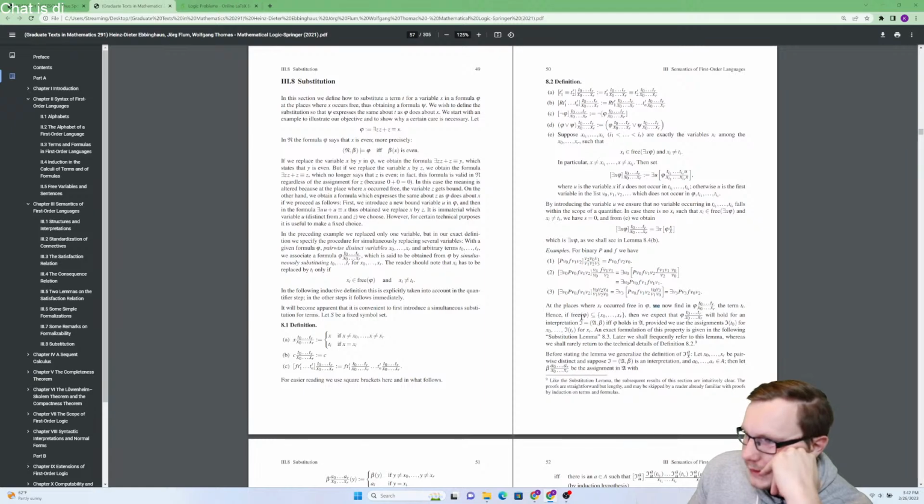If the free variables are a subset of x naught through xr, then we expect that ti will hold for an interpretation if and only if phi holds in A, provided we use the assignments t naught for xr.